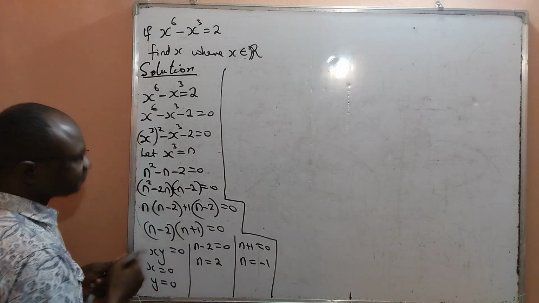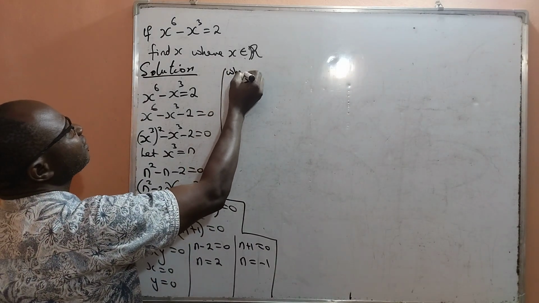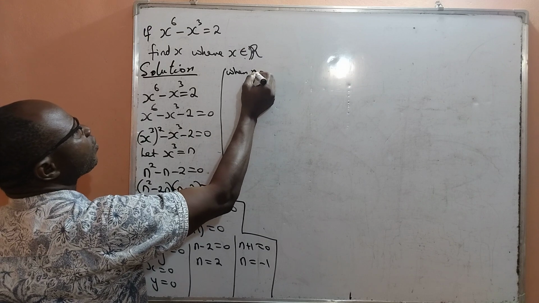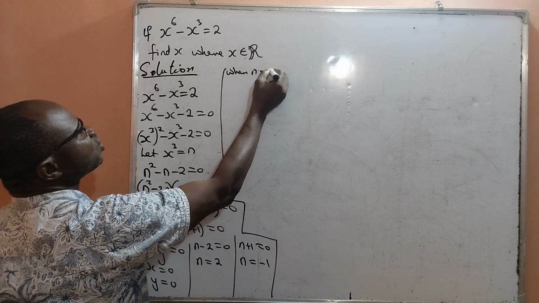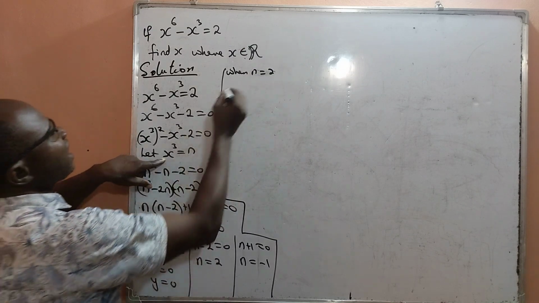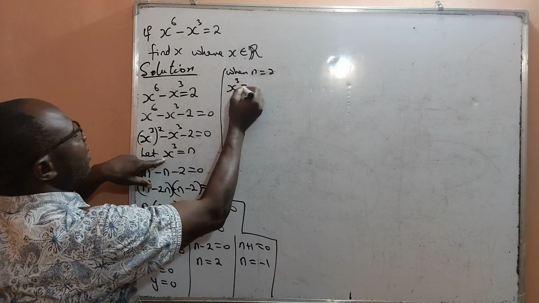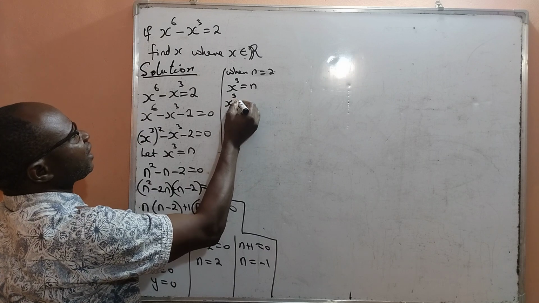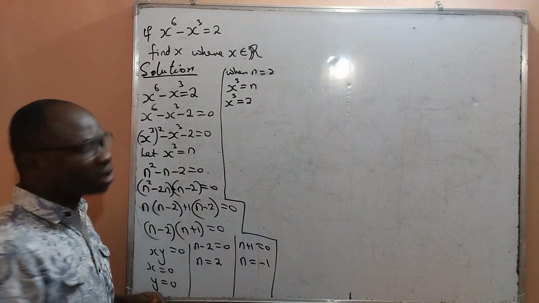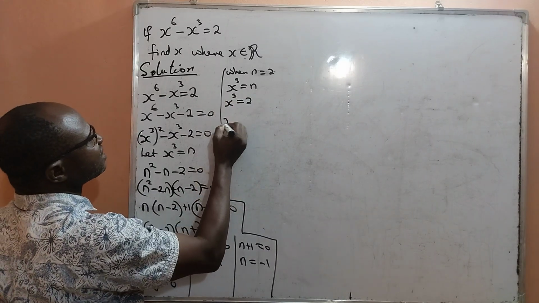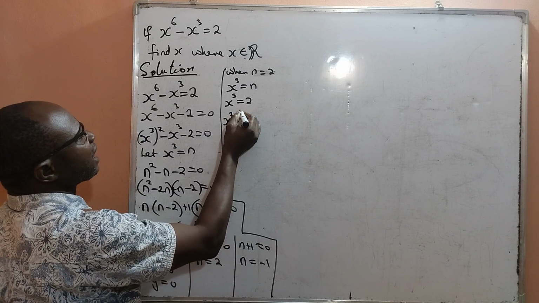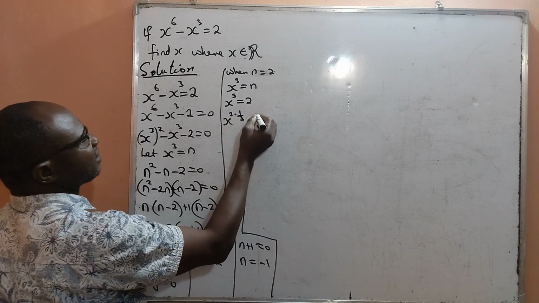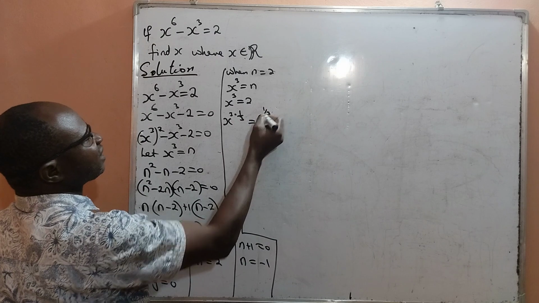Therefore, when n is equal to 2, from here I have x raised to the power 3 equal to n. If n is 2, I have x raised to the power 3 is equal to 2. Meaning that to remove this power, I can say x raised to the power 3 multiplied by 1 over 3, and on the right hand side 2 raised to the power 1 over 3.